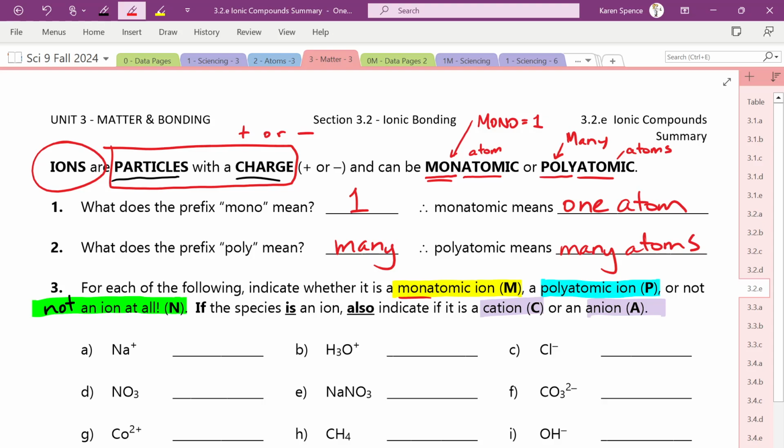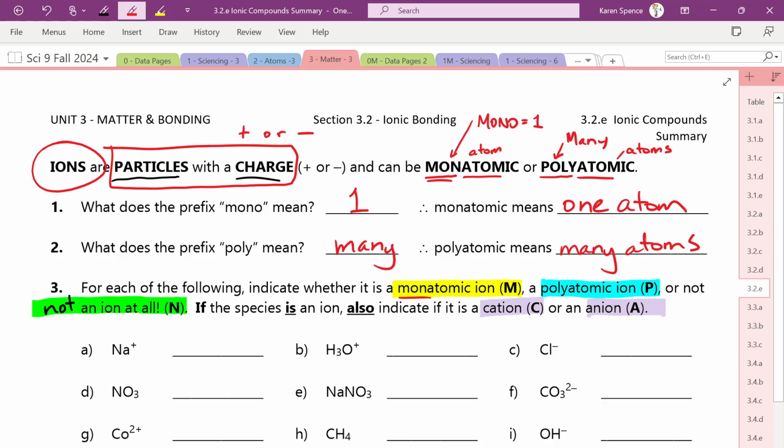Is that an ion or not? How can you tell me something is an ion? Ions have charges. Does it have a charge? Yeah. So it's an ion. Is it monatomic or polyatomic? Yes, you write M for monatomic.